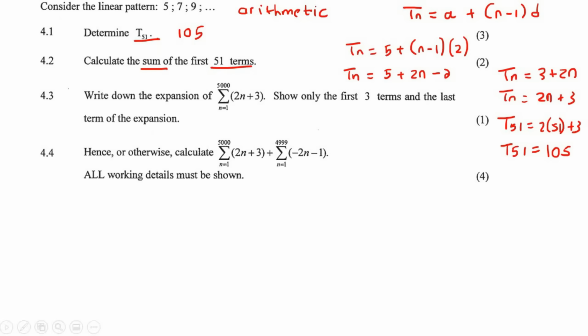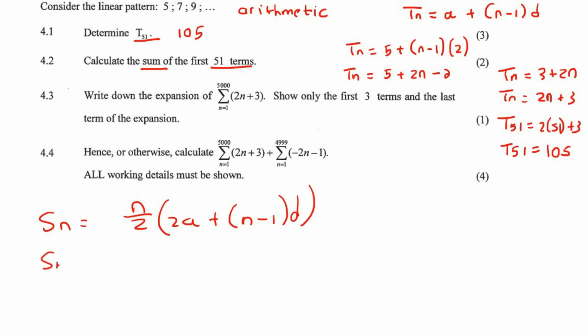Alright, so they want us to calculate the sum. We know that it's arithmetic or linear, so we have a formula for that. You know this one, hey guys? So we just fill in, we want to find the sum of the first 51 terms, so we just do 51 over 2 times 2 times 5 plus 51 minus 1 times the common difference, which is 2.